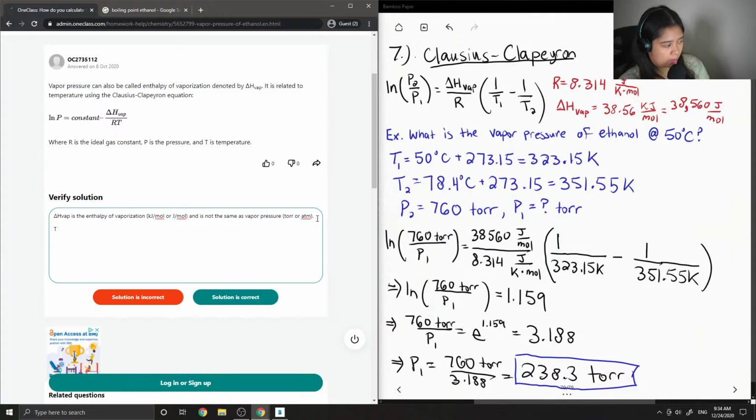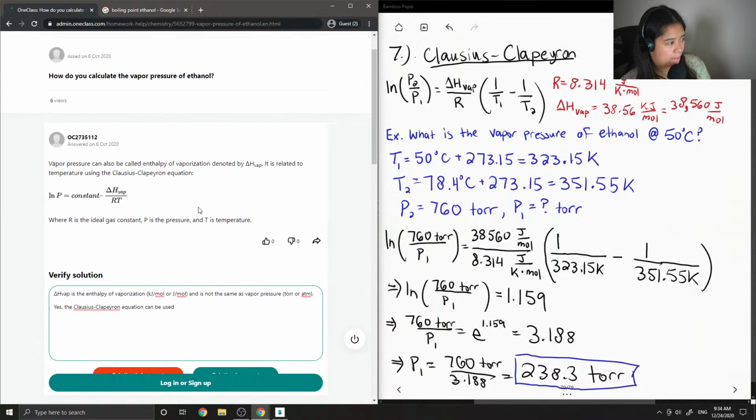But indeed, yes, the Clausius-Clapeyron equation can be used, and then I'll write down the equation that I have, which shows how to calculate it if you had all these different values.